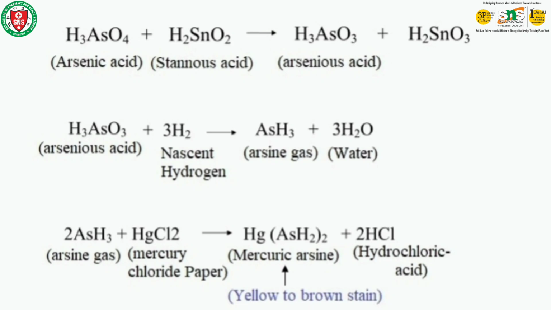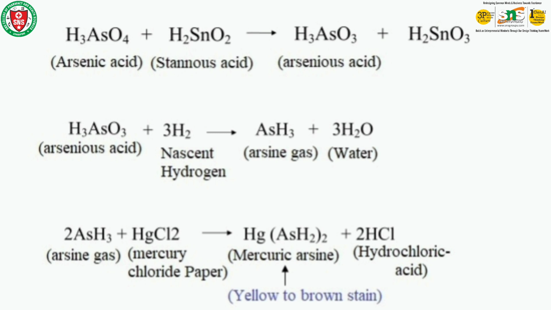For the reaction to begin, all the pentavalent forms have to be reduced to the trivalent form, that is, all the As5+ has to be reduced to As3+. This happens in the presence of stannous chloride and potassium iodide. Now all the arsenates, that is As5+, have been reduced to As3+, that is arsenite.